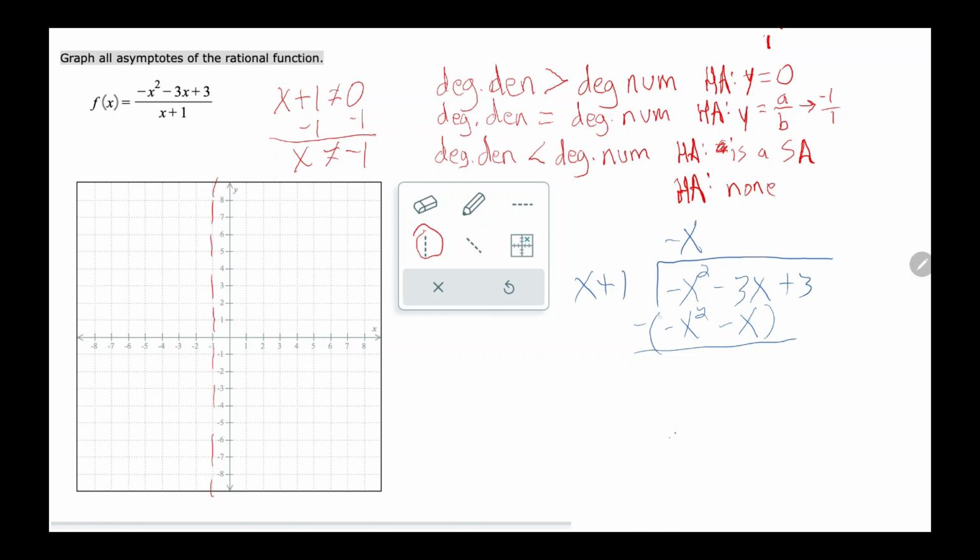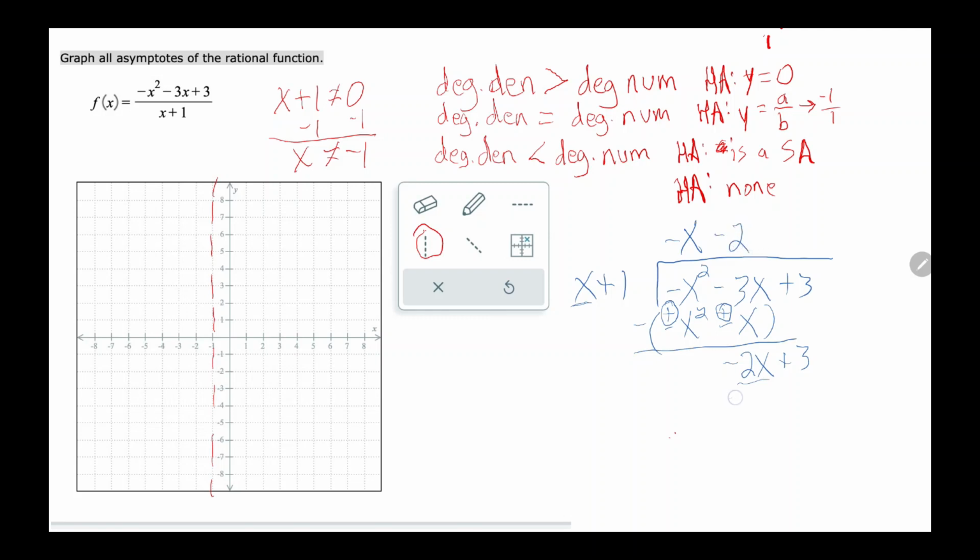We're subtracting, so that changes this sign to a plus and this sign to a plus. Negative x squared plus x squared goes away. Negative 3x plus x is negative 2x plus 3. This is like saying I'm in the hole $3 and I get $1, so I'm still in the hole $2.